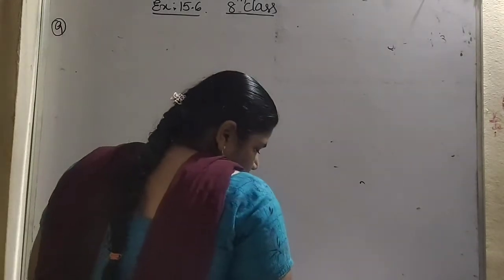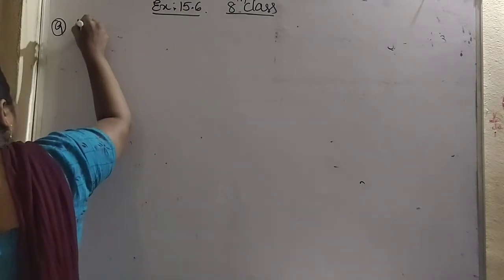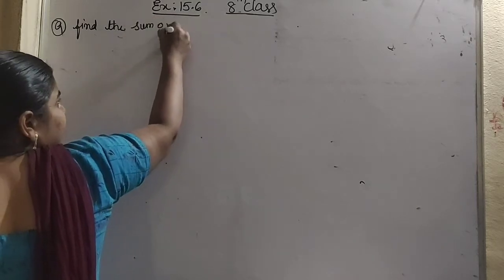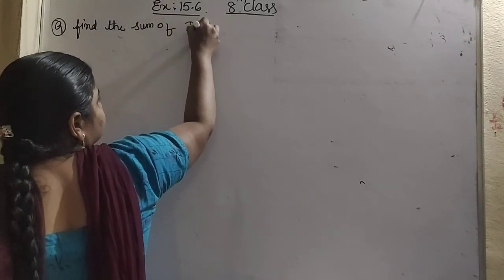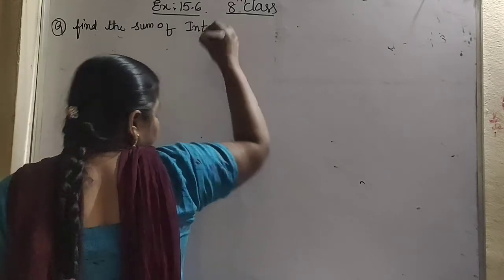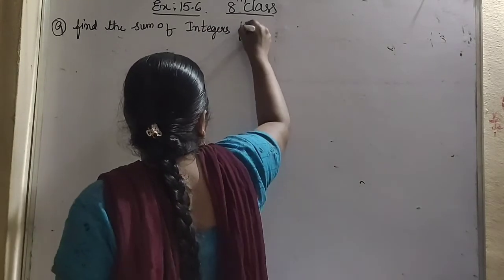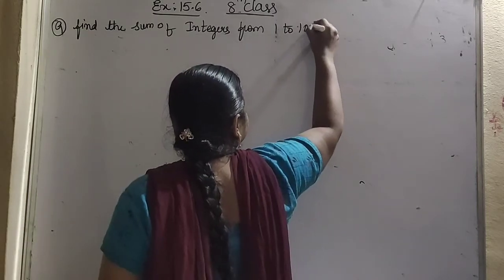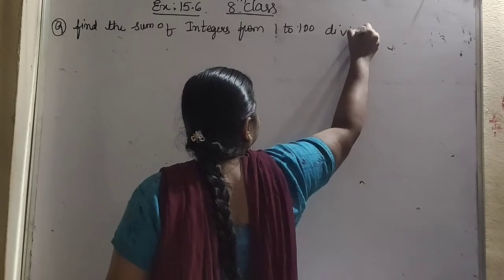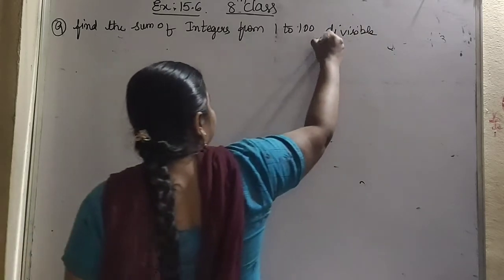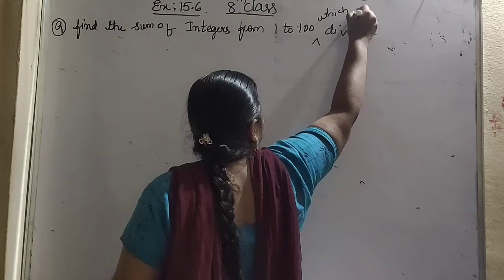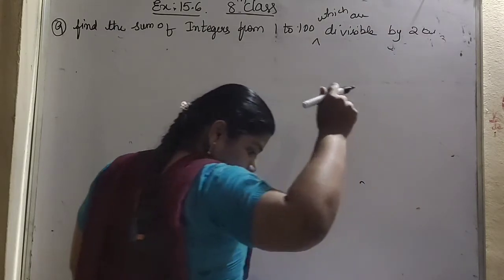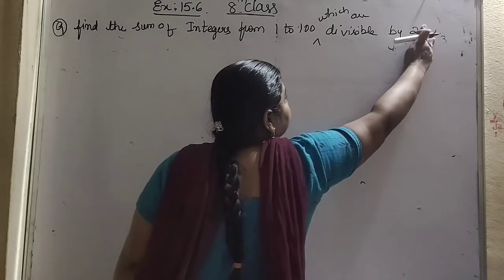Ninth question is, find the sum of integers from 1 to 100 which are divisible by 2 or 5.